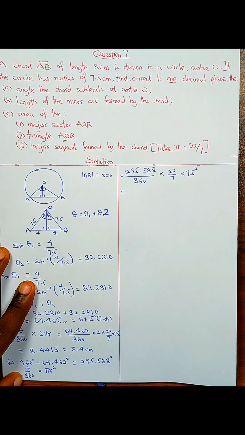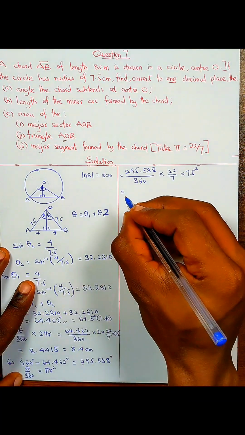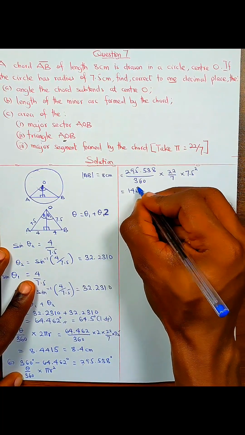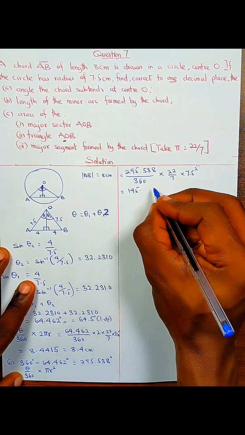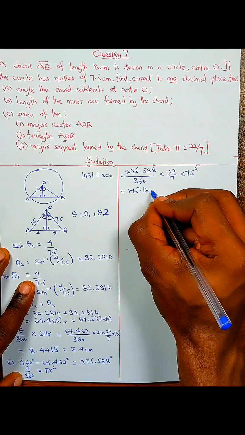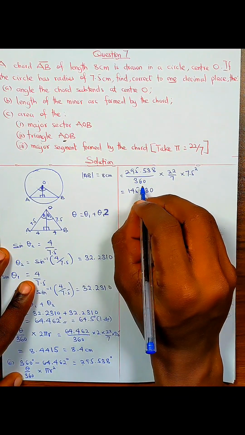So we type this on the calculator and we get our final answer, and that gives us 145.1303 to 4 decimal places.